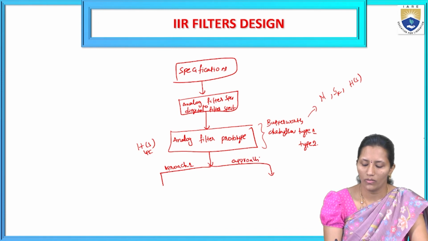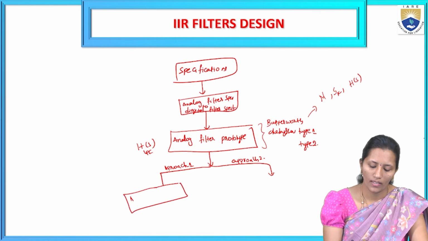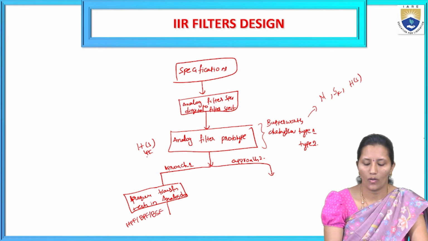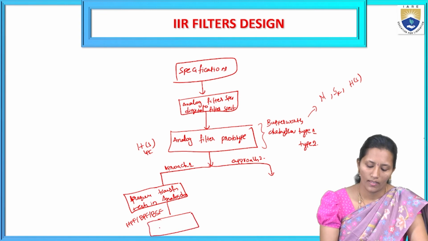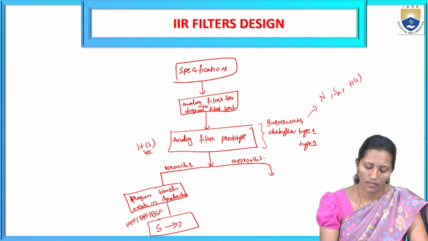In approach 1, we are going to apply the frequency transformation techniques in the analog domain. That is, if we want to design any high pass filter, band pass filter or band stop filter, we will convert that low pass filter transfer function into an analog high pass filter, band pass filter or band stop filter.